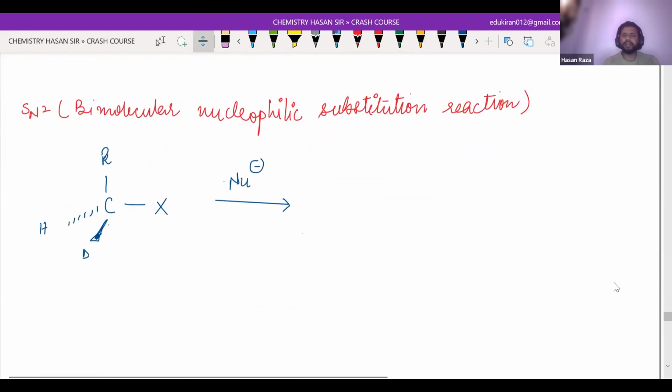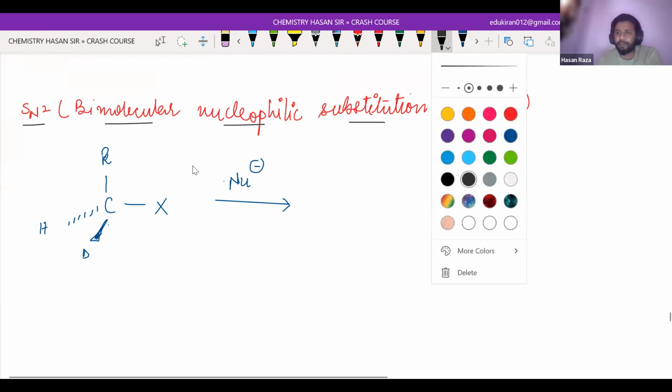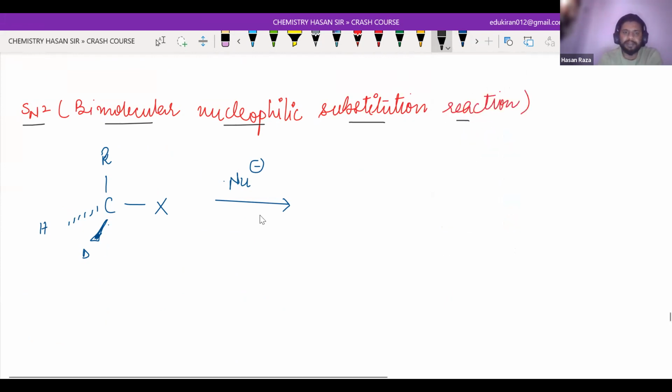Then come to the second, that is SN2, that means bimolecular nucleophilic substitution reaction. In the bimolecular nucleophilic substitution reaction, see what will happen. Basically, it is a single step reaction. That means if this releases itself, at the same time this nucleophile is going to react with this, that means make a bond with this.